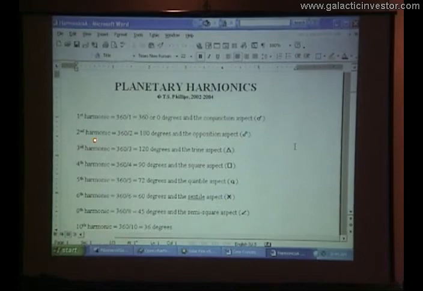Then you have the second harmonic, which is 360 divided by 2, or 180 degrees, the opposition. If you have a price hitting a first harmonic line versus a 180 or second harmonic line, which one's going to be stronger? The first.